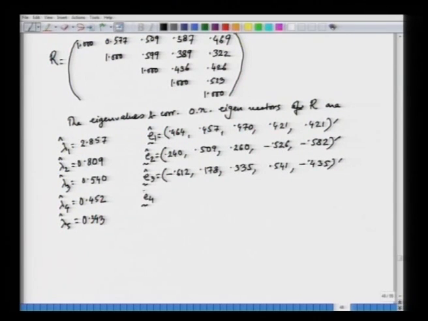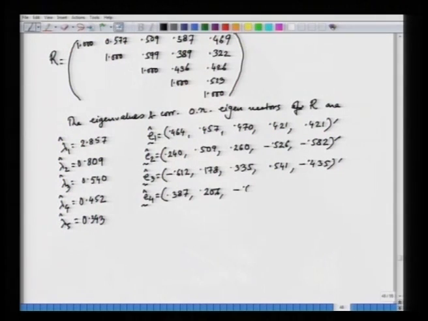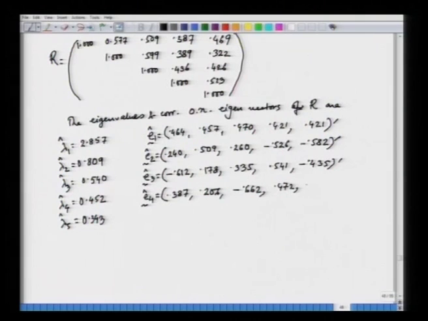E4 hat, the fourth one, is 0.387, 0.206, minus 0.662, 0.472, minus 0.382. And the last one, E5 hat, is minus 0.451, 0.676, minus 0.4, minus 0.176, and 0.385.